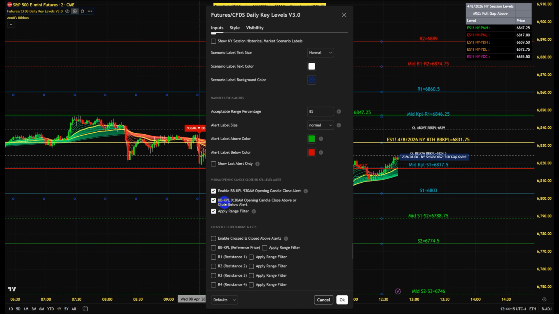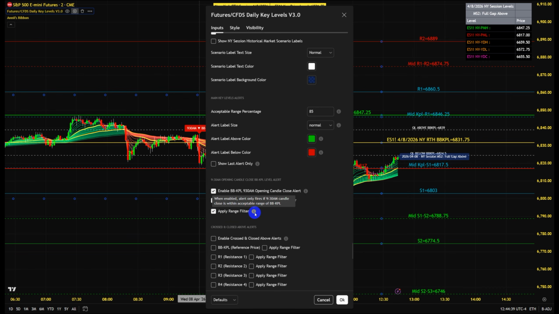So you enable that. It's enabled for a candle close above or candle close below. And we also have apply range filter checked. When enabled, as you can see in the tooltip here, the alert only fires if the 9:30 a.m. candle close is within the acceptable range of the BBKPL level.